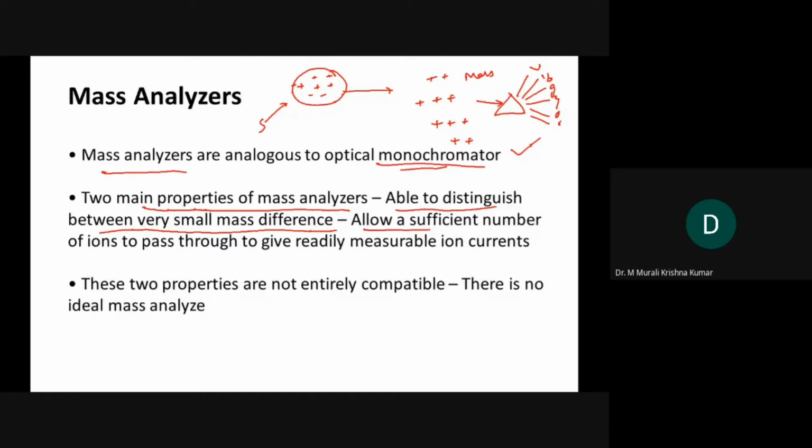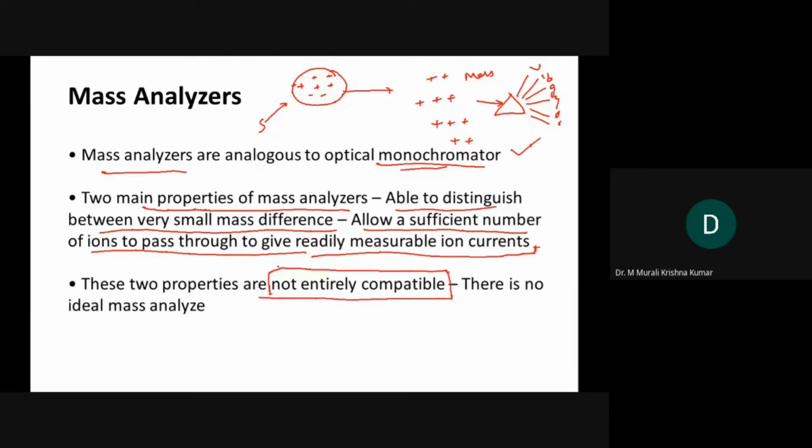And the second thing is it must allow a sufficient number of ions to pass through to give readily measurable ion currents. Means its scan time must be reasonable, at least reasonable, so that more number of ions can be submitted. So these are the two properties. Sometimes these are not entirely compatible.